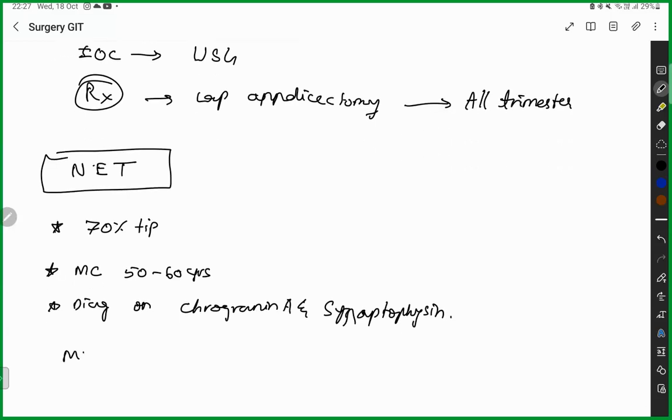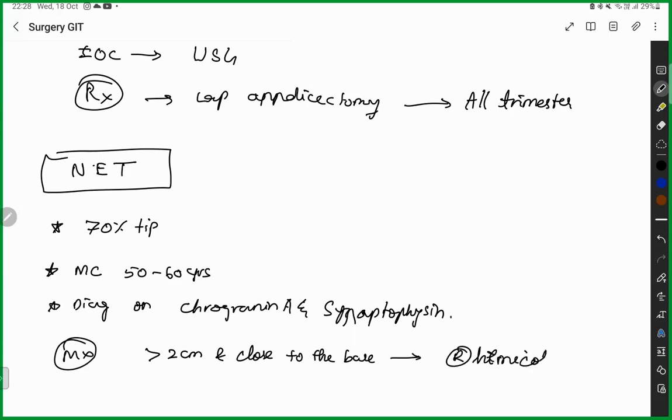What is going to be the management in all these things? If it is more than 2 centimeter and close to the base, you are going to perform a right hemicolectomy.